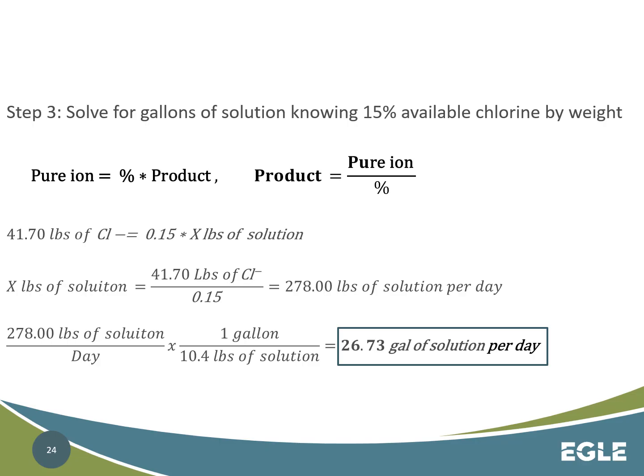That's your product, solution, liquid, per day. With sodium hypochlorite, since it's a liquid, we have to use the weight in 1 gallon of that solution to find how many gallons of that solution I'm using a day. And that's that final step here, right?